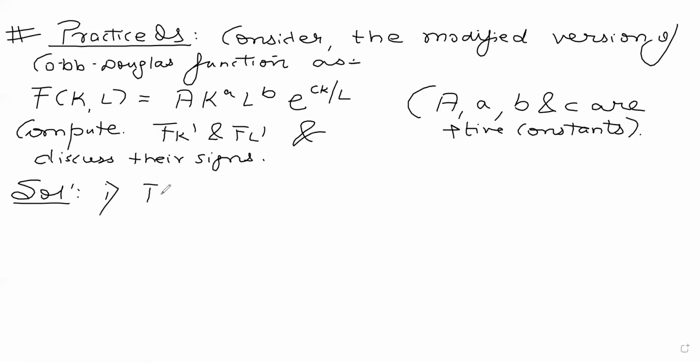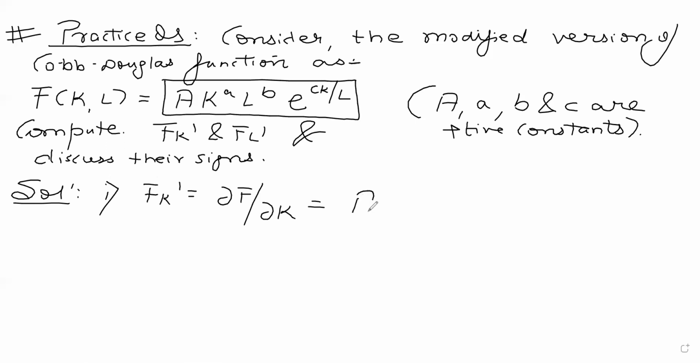So our Fk dash will be del f by del k. If I partially differentiate this function with respect to k, what do I get? Capital A, small a, k to the power a minus 1, L to the power b times... Okay, we will have to use the product rule here, guys, because we have k coming up 2 times. You can see k is here also and k is here also.